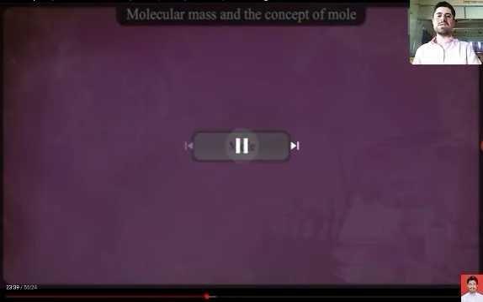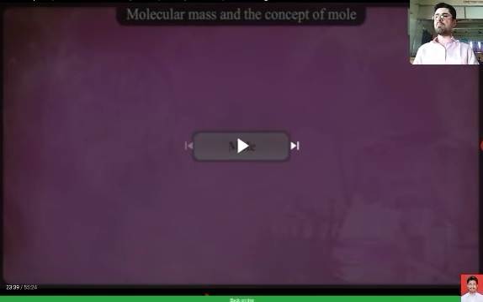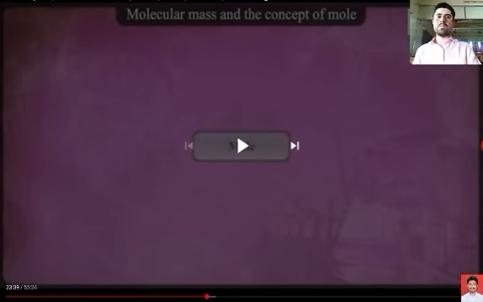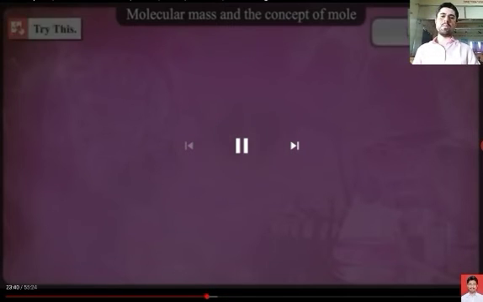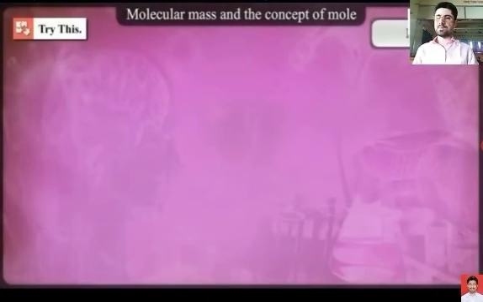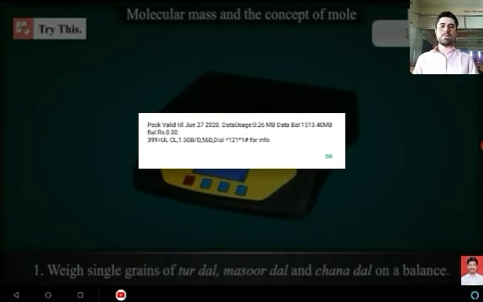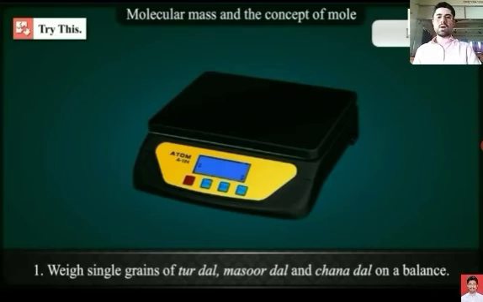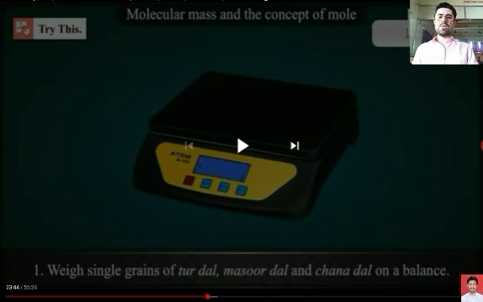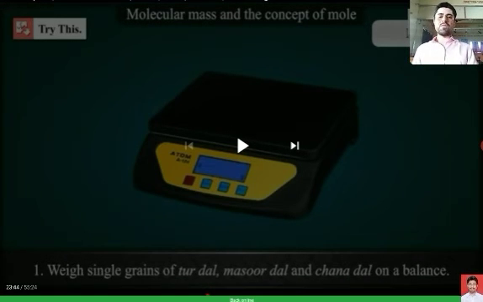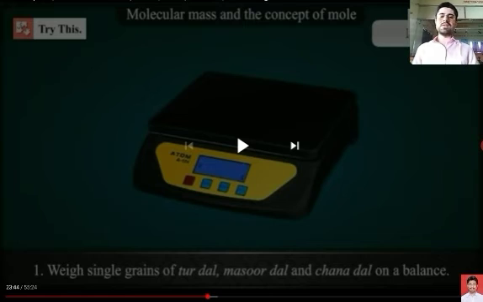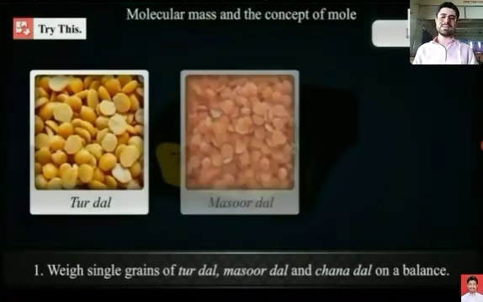Now we will discuss the next point, that is mole or the concept of mole. Before discussing the concept of mole, we will discuss some questions. Our first point is to weigh single grains of tur dal, masoor dal and chana dal on a balance.